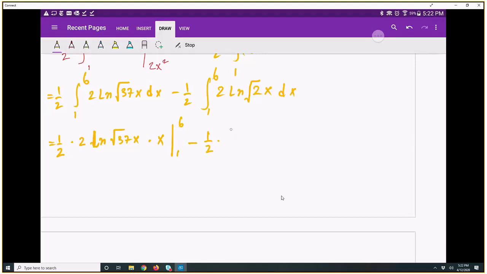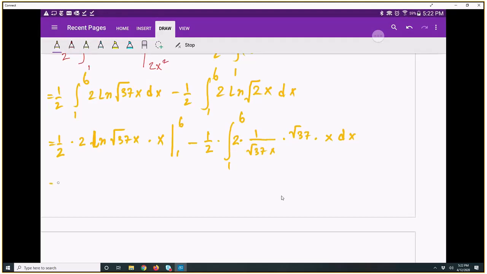Now I'm going to do integration 1 to 6. You take the derivative of natural log of square root of 37x. So I already have this 2. Derivative of natural log of square root of 37x is 1 over square root of 37x times square root of 37. And integration of 1 has given you x dx. So this is just the first integration in the last step.